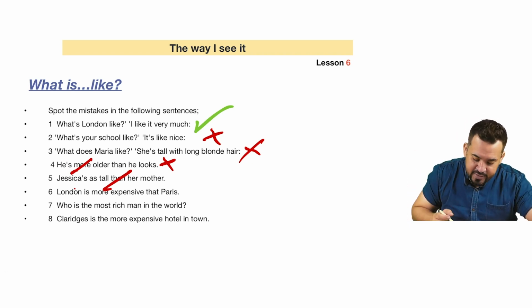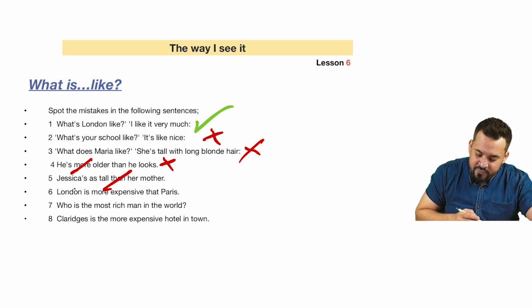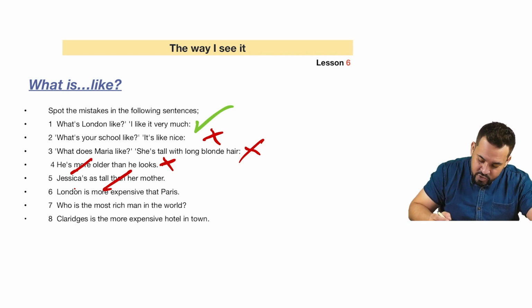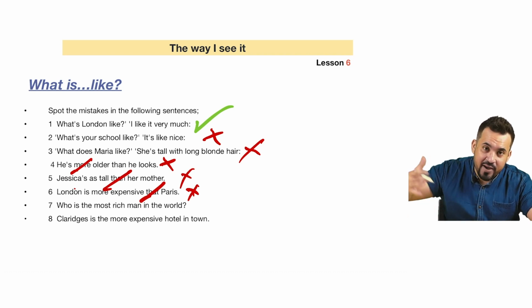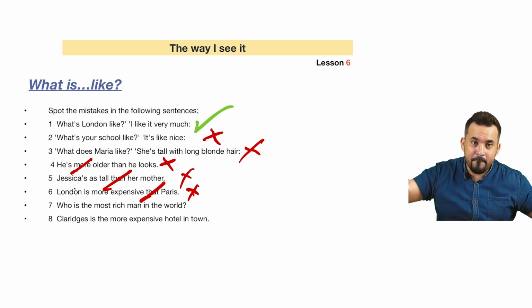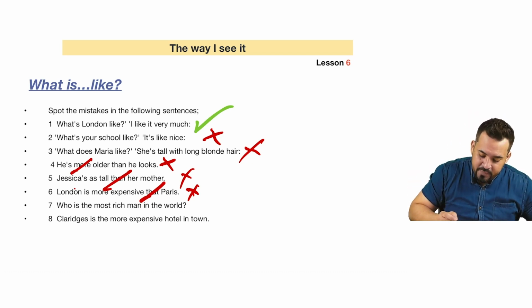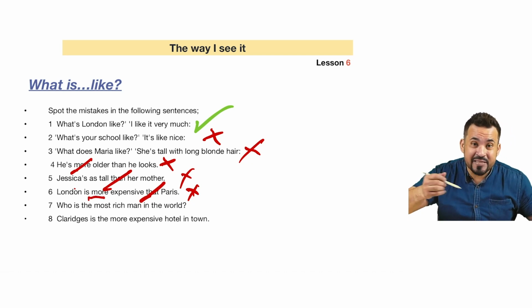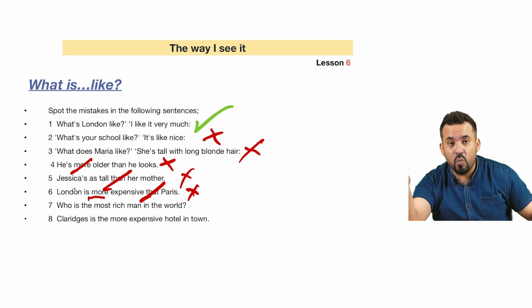All right, let's take a look at the next one. London is more expensive than Paris. Again, this one is wrong because it's than Paris. We're comparing London to Paris. We say London is more expensive than Paris. And notice here, because we have more, that means the adjective has more than one syllable.